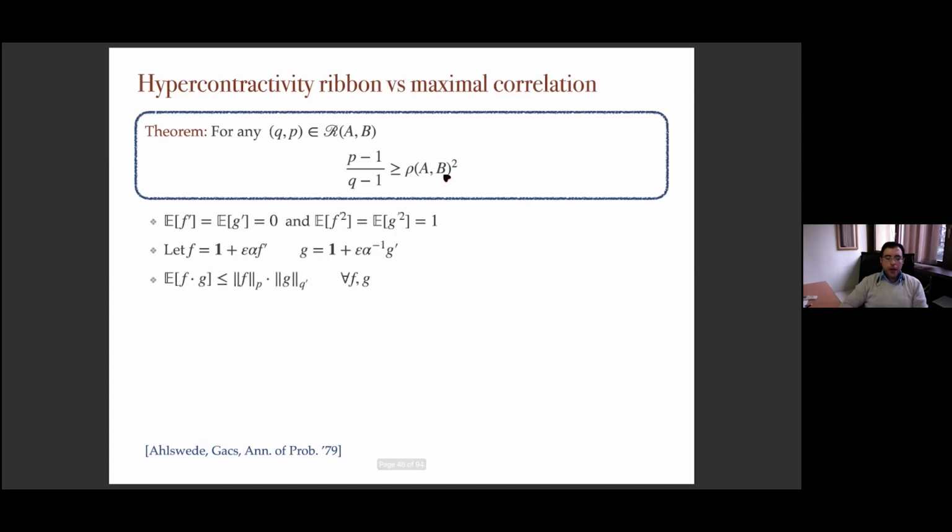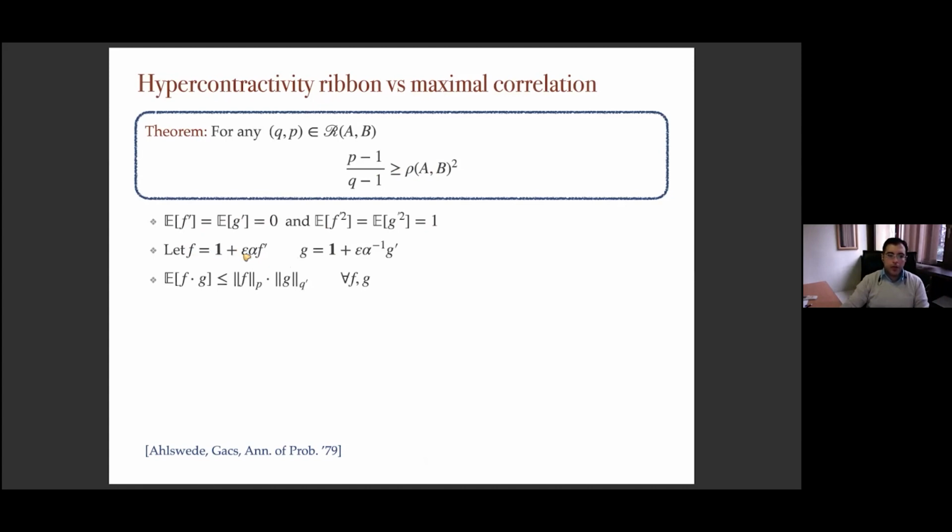What's the proof? I would like to sketch the proof for you. So in the definition of rho, we are starting with two functions. Here I'm calling them f prime and g prime, which have zero expectation and unit variance. Now I'm introducing two new functions, f and g, which are perturbations of the constant function.